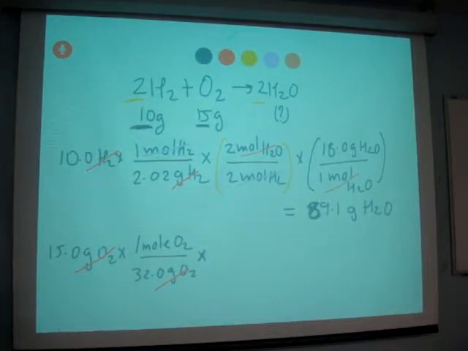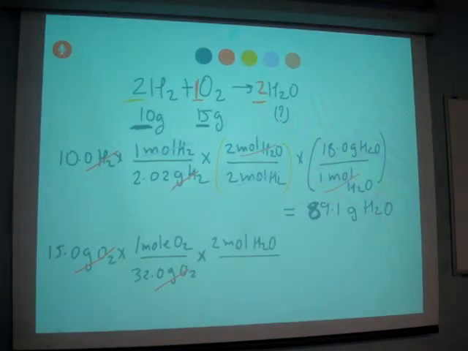By looking at this balanced equation, 1 mole of oxygen is used up and produces 2 moles of H2O. So when you plug in those numbers, you get 2 moles of H2O produced when 1 mole of O2 is used up. When you do that, moles of O2 cancel and you get moles of H2O.